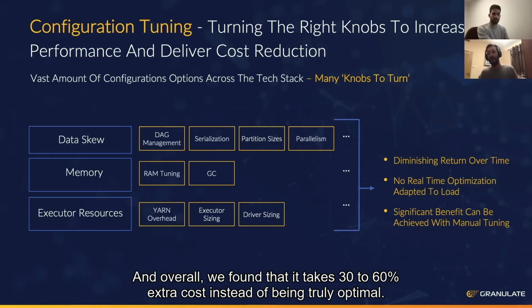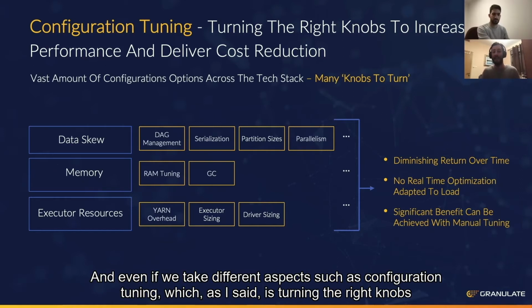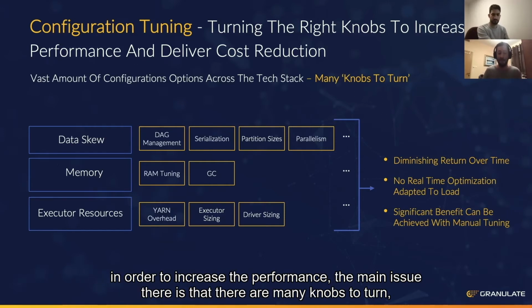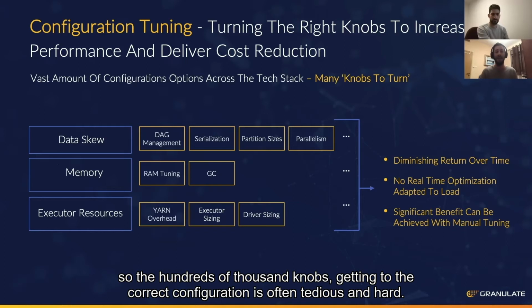And even if we take different aspects such as configuration tuning, which, as I said, is turning the right knobs in order to increase the performance, the main issue there is that there are many knobs to turn. So in the hundreds or 1,000 knobs, getting to the correct configuration is often tedious and hard.